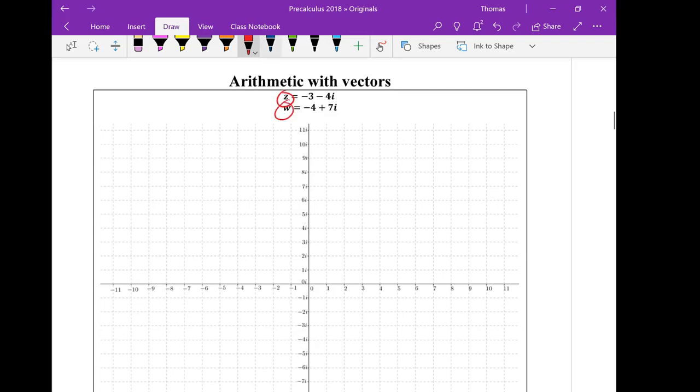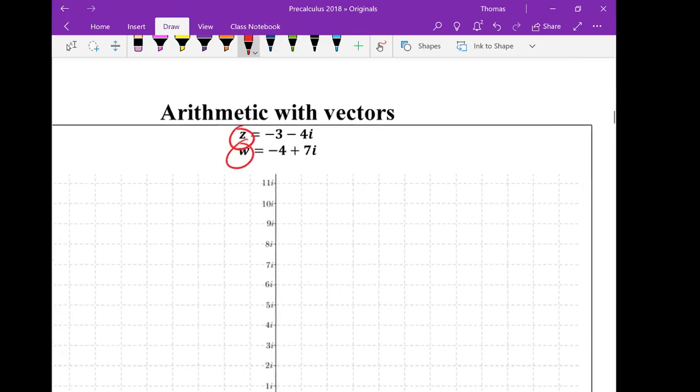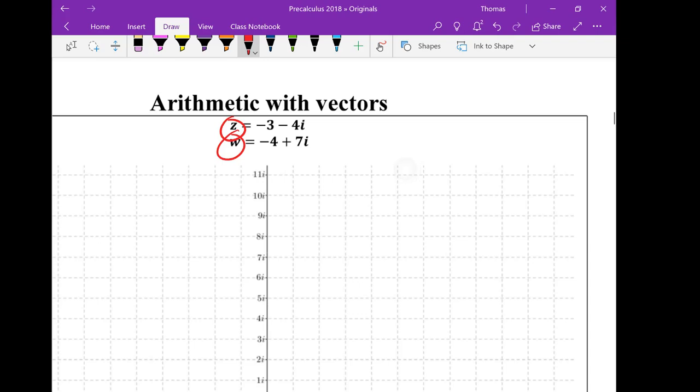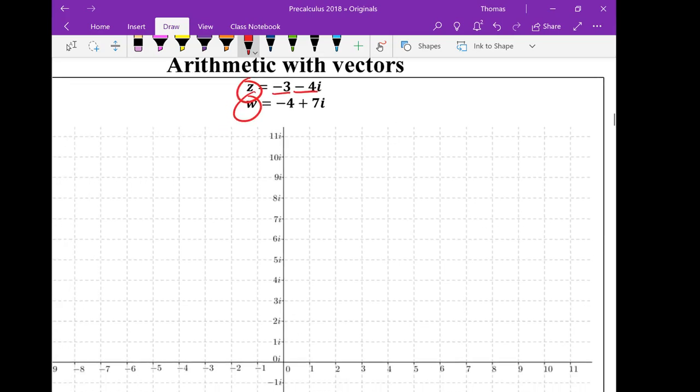And just like in our do now, I want us to think of these as sets of instructions. So a -3 and a -4i, if we think of it as instructions, like me standing in the coordinate plane and this vector being directions for me to go somewhere, that would be like saying go left 3 and down 4.